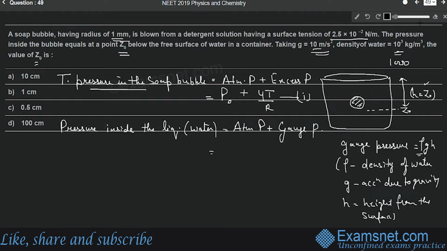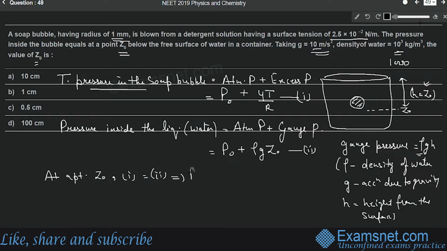Again, atmospheric pressure will be equal to P naught and gauge pressure will be equal to rho g h, and here h is equal to Z naught. So rho g Z naught. Now let's assume this is equation number 2. So what is given in the question? At this point, that means at a point Z naught, both these pressures become equal. So 1 becomes equal to 2.